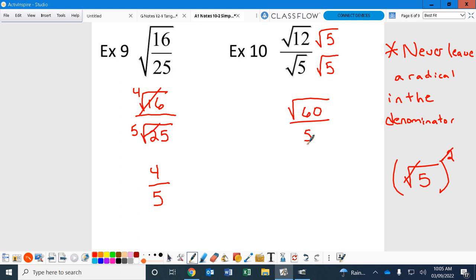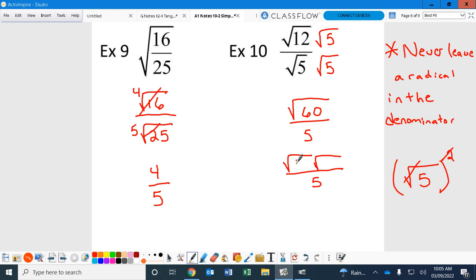Right? Okay, guys. Now we've got to break 60 down. It's not simplified. Let's see if we can figure out what from that list will go into 60. Start dividing, guys. You've got a calculator. Just start dividing. 4.